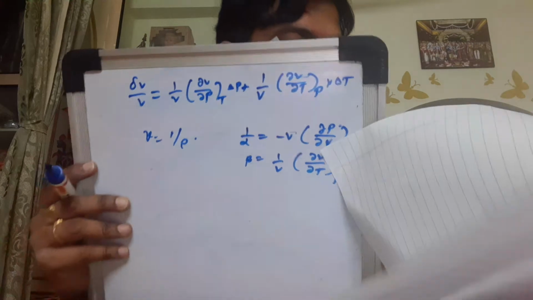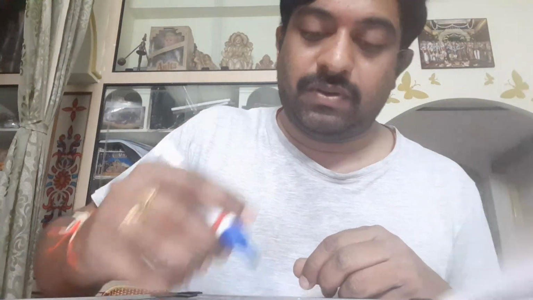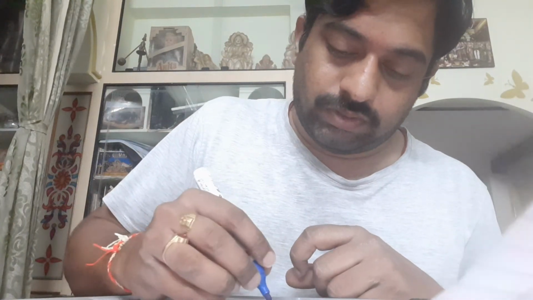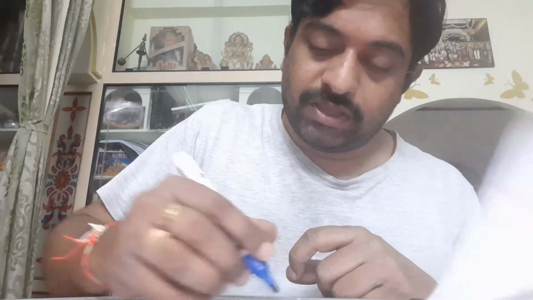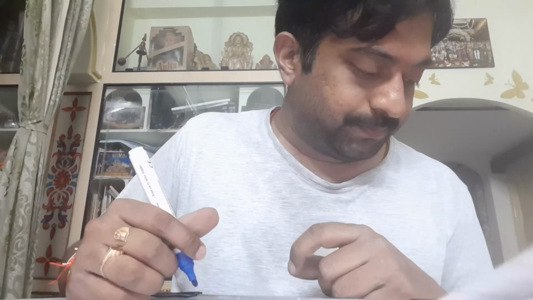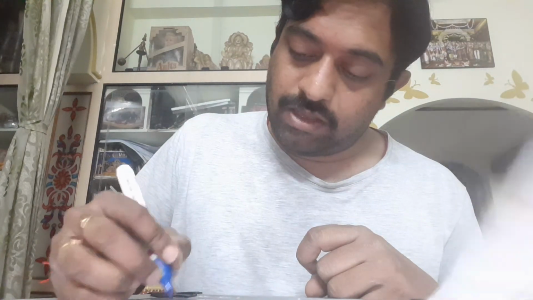Okay, so V, the specific volume, is equal to 1 by rho, right? I am using this one. V is equal to 1 by rho, so dV is equal to minus d rho by rho square.